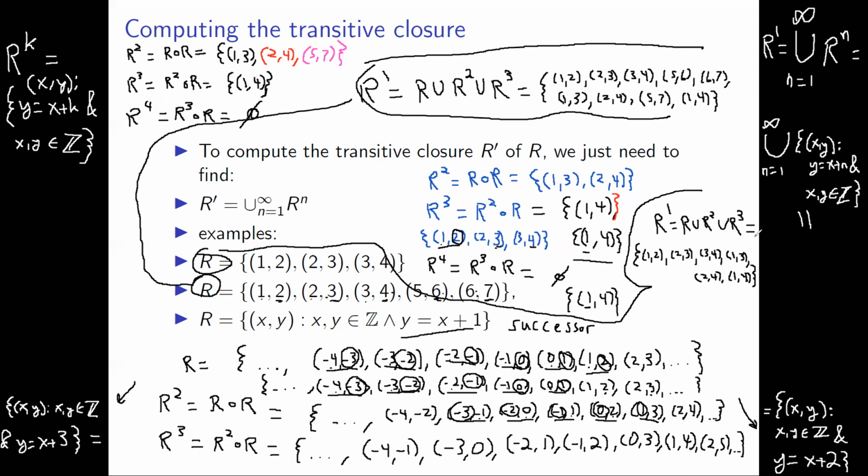Instead of as an infinite union, we can write this as the set of ordered pairs, x comma y, for which x and y are both integers and x is less than y.